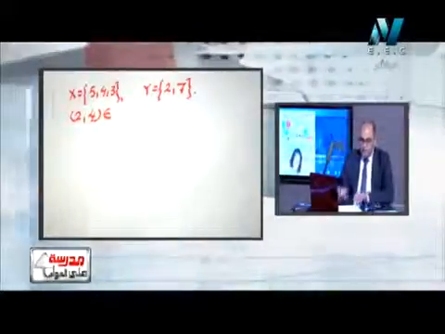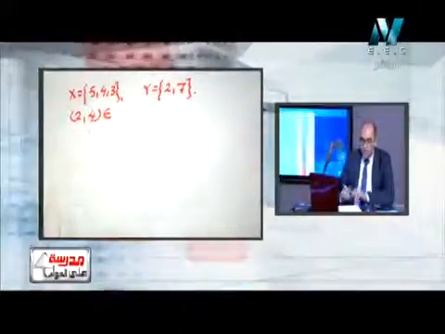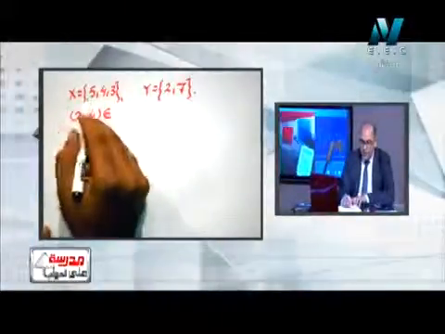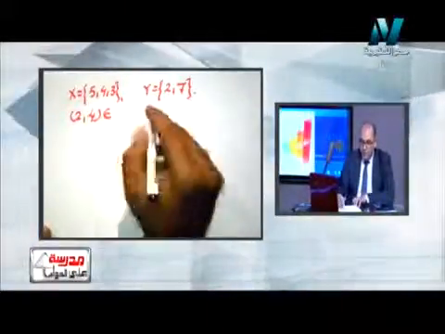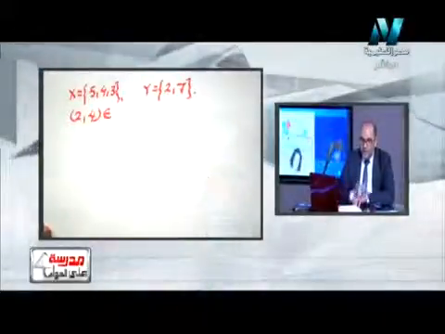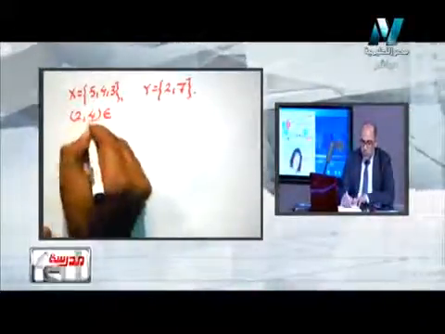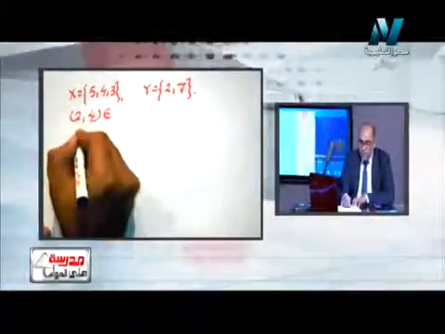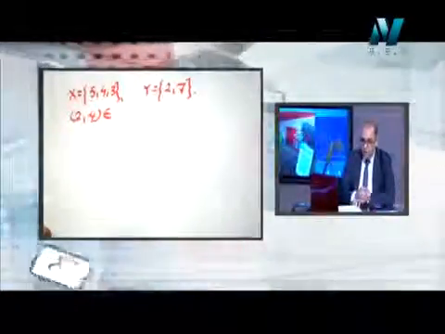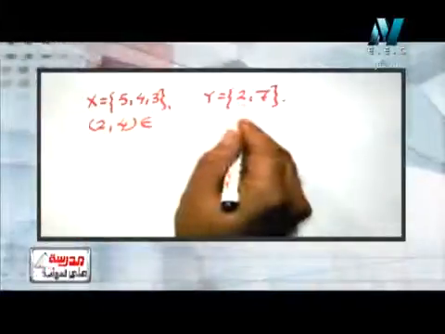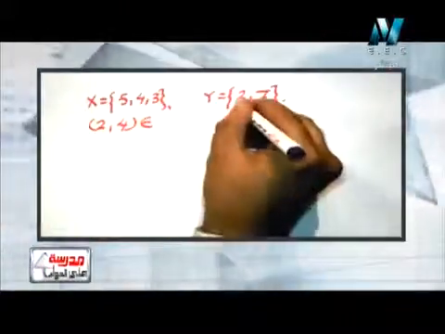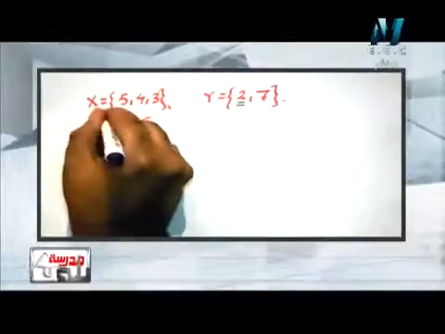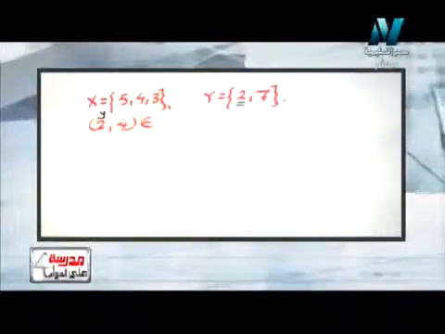Here we have 2 and 4. The first question here, we have x equals 5, 4, 3 and the set y of elements 2 and 7. Then 2 and 4. Ask yourself, which set does 2 belong to? x or y? 2 belongs to y. So you can put here 2 belongs to the set of y.